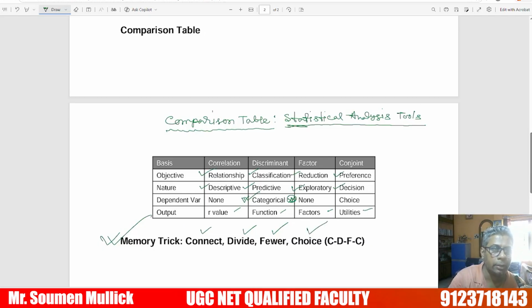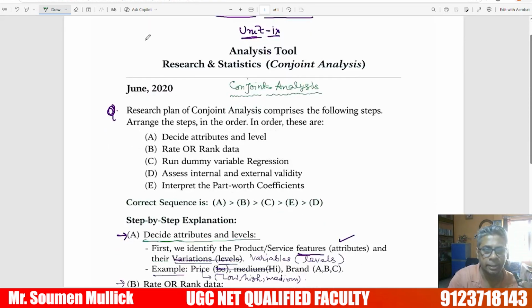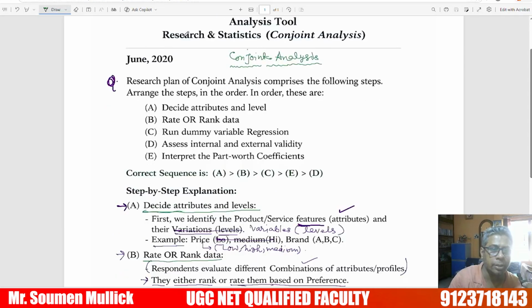Now we try to solve a previous year question of UGC NET English. This question was given in June 2020 about conjoint analysis. The question: the research plan of conjoint analysis comprises the following steps. Arrange the steps in order.